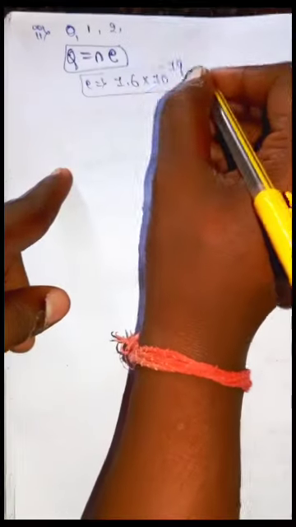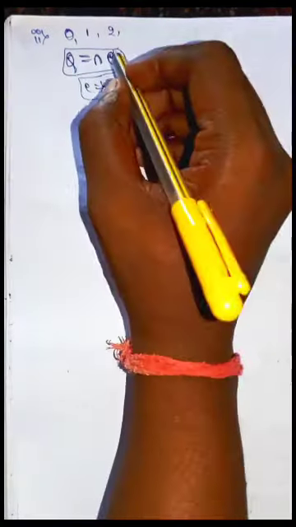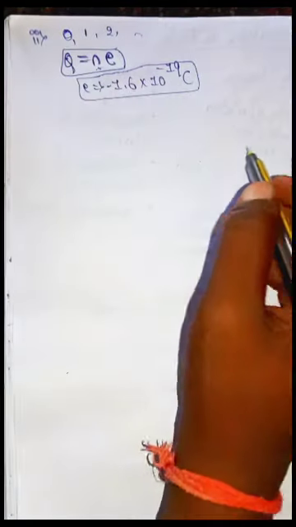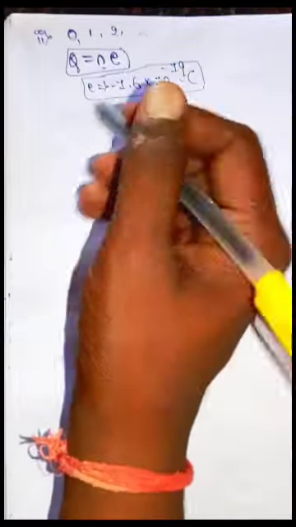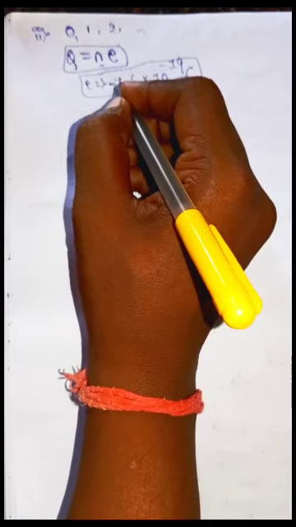This is a universal charge value. Here it will be a multiplication of a whole number, right? It may be negative or it may be positive, because electron is negative, right?